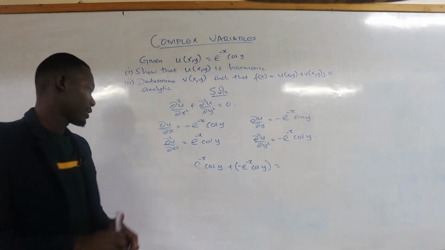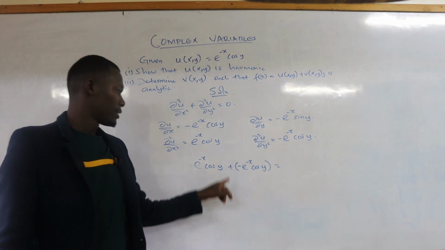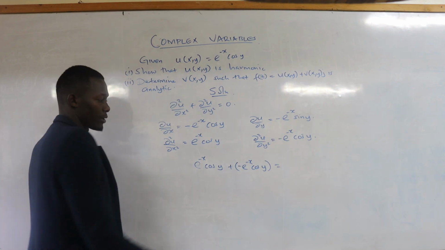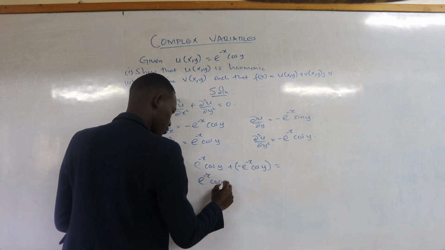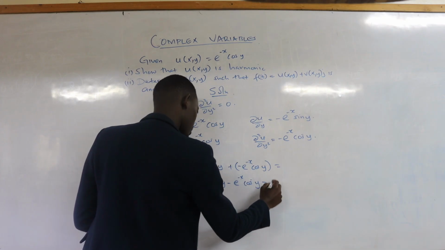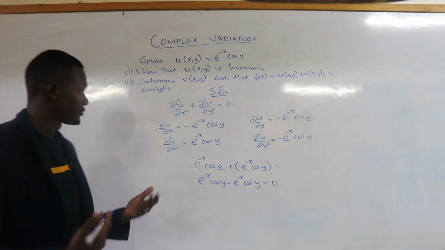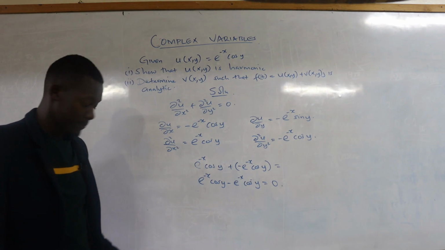These two terms are the same, one positive and one negative, so when you open the bracket you get e to the negative x cosine of y minus e to the negative x cosine of y, and the answer is 0. So that is the first part of the question.